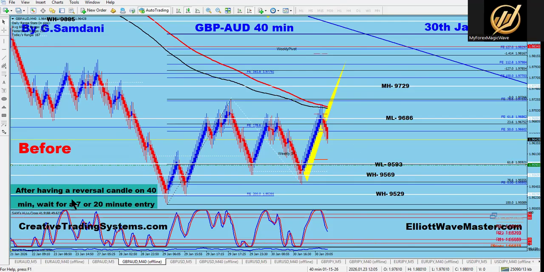No problem. That's what I have written here, this is how my approach is: a 40-minute chart setup, and then I wait. If my analysis is correct, then the price is going to move my way, giving me entries. First entry from 7 minutes, second entry from 20 minutes. Simple as that. If I'm wrong, the 7-minute SL is always fixed at 15 pips, and the 20-minute chart entry is always a fixed SL of 25 pips.